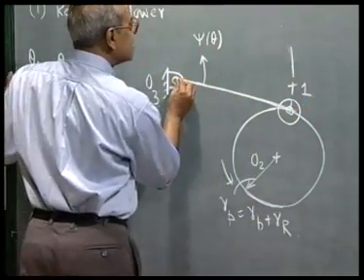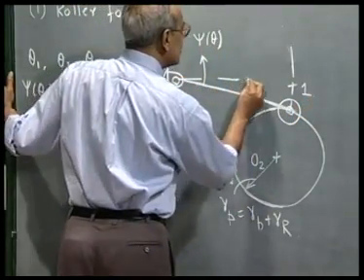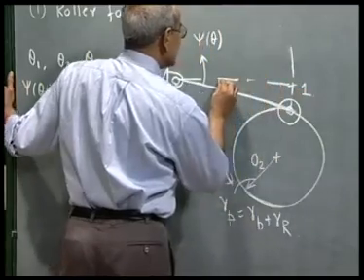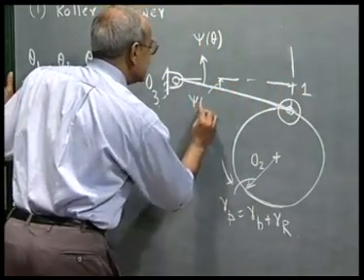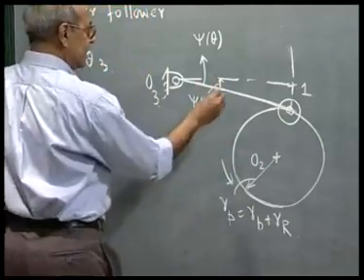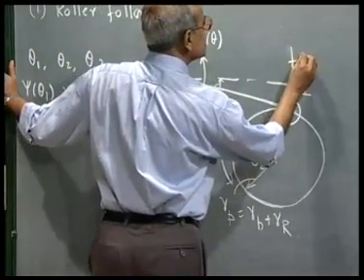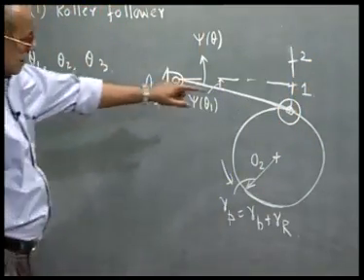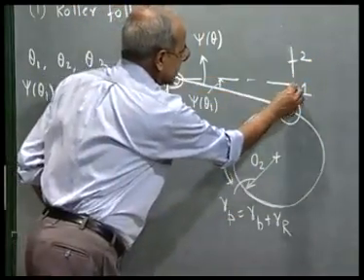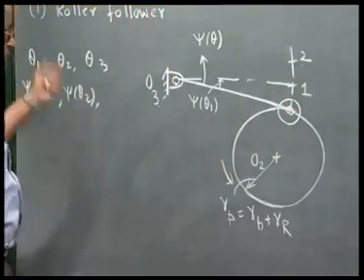That means this rotation of the follower is psi of theta 1. Similarly, I can get all the trace points corresponding to station point 1, station point 2 and so on.